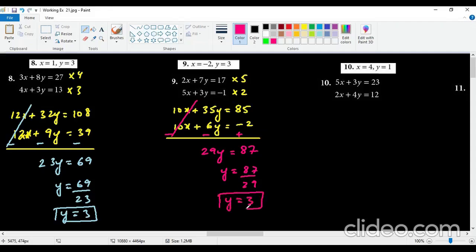Now we can find out the value of x. I can take any equation I feel like. I'm using 2x plus 7y equals 17. So the value of y is known to us.